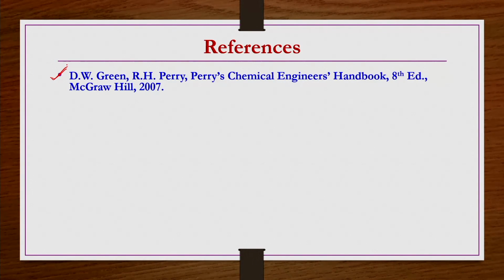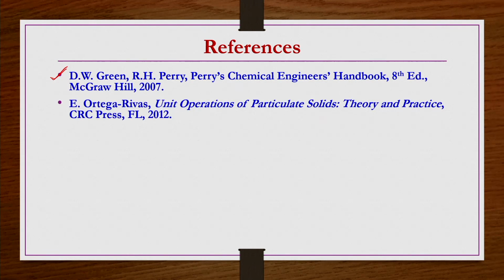Finally, the references. The entire lecture has been prepared from this reference book, Perry's Chemical Engineer's Handbook by Green and Perry. However, some details may also be found in this other book, Unit Operations of Particulate Solids, Theory and Practice by Ortega and Rivas.